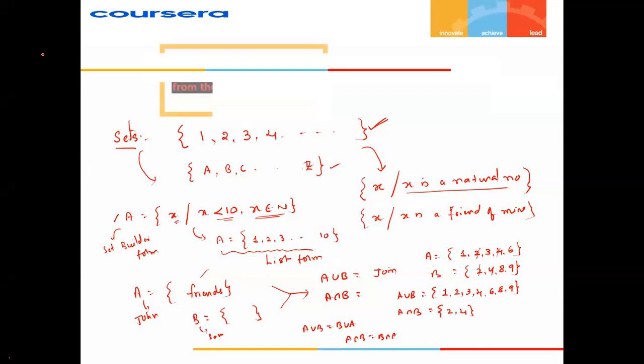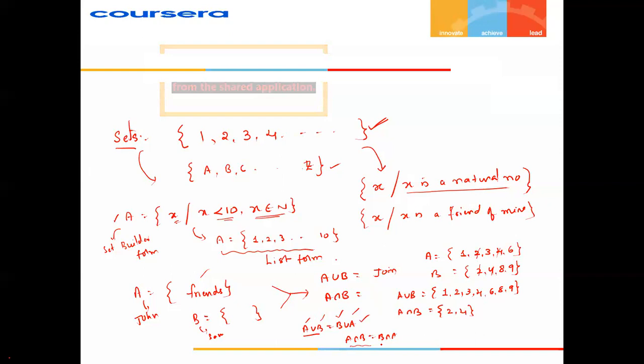Whether it is friends of A or friends of B, it is nothing but the same. Whether you take the friends of A first and then join friends of B, or take friends of B and then join friends of A, finally we have the same set of friends, right? That's why these two are the same.